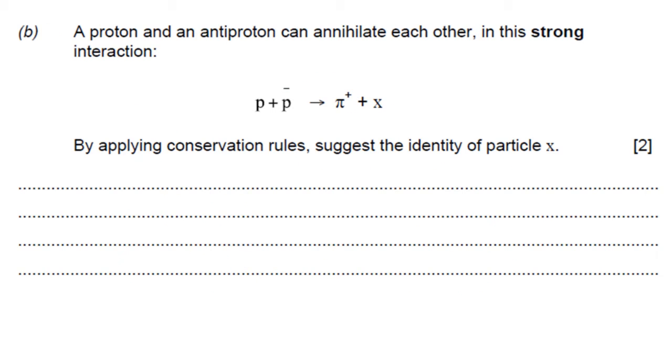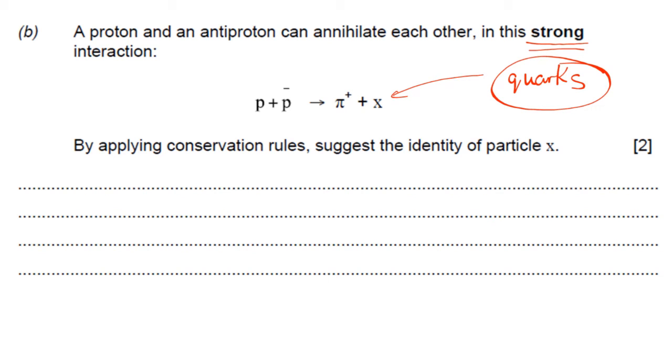Right, part B. A proton and an antiproton can annihilate each other in this strong interaction. Okay, we know it's strong. By applying conservation rules, suggest the identity of particle X. Well, strong means we're dealing with quarks. So this X must be made of quarks, so no leptons at all.